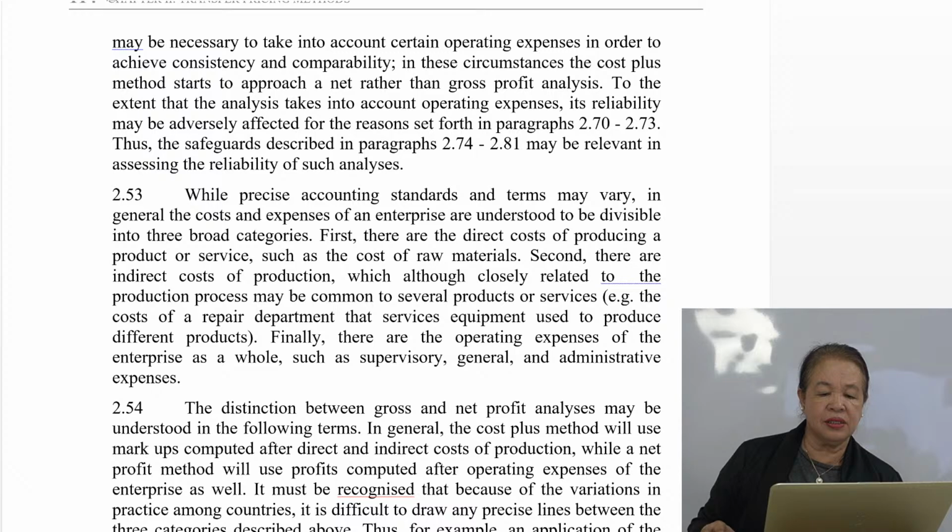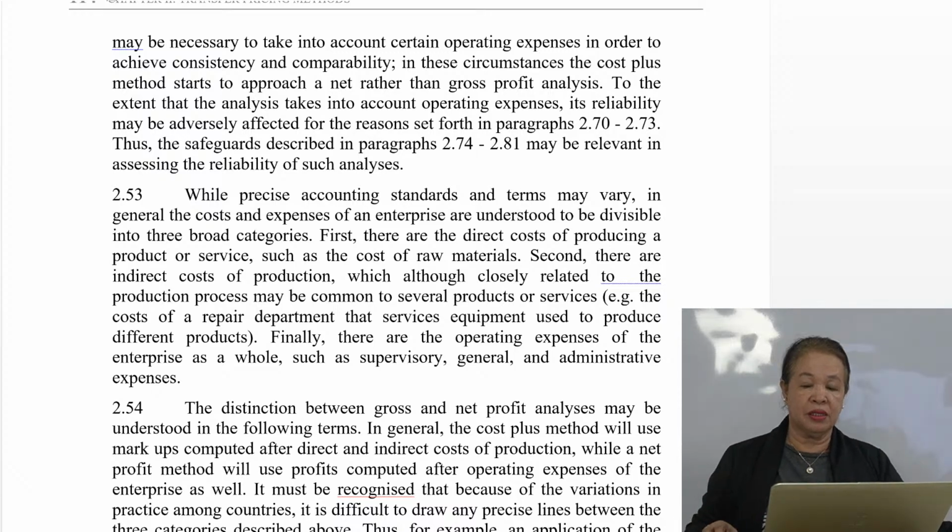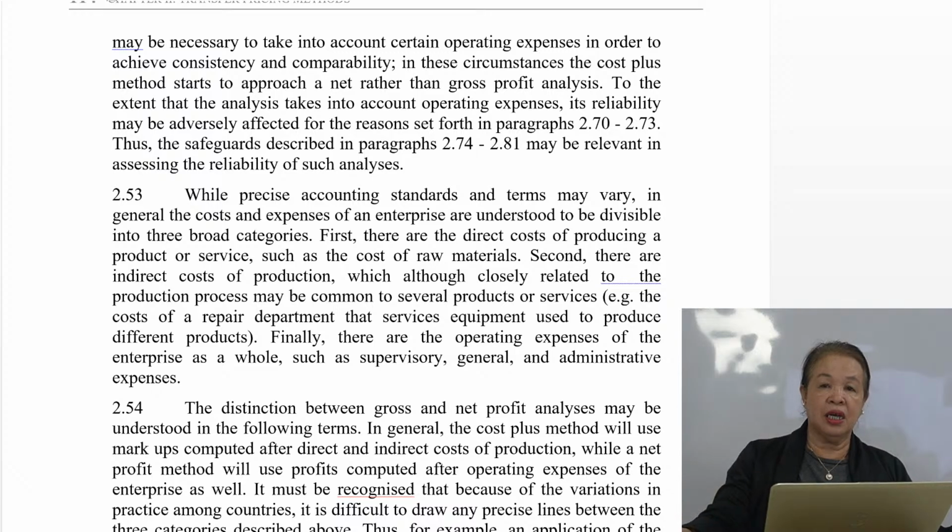Thus, the safeguards described in paragraphs 2.74 to 2.81 may be relevant in assessing the reliability of such analysis. Kasi kung sa gross profit natin, the cost plus markup, kung isama mo na yung operating expenses, then hindi na siya gross profit, mag-iiba ka na ng method.